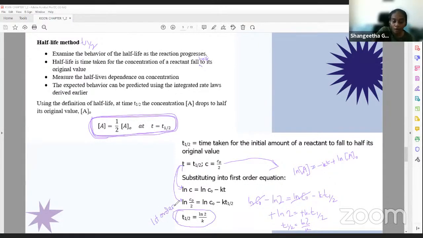So now you know for first order, the integrated rate law we have learned is ln A equals negative kt plus ln A naught, and the second one is your t half-life equals ln 2 over k.